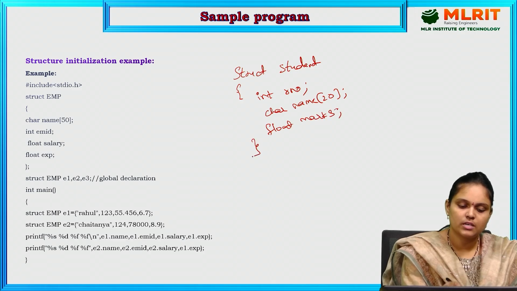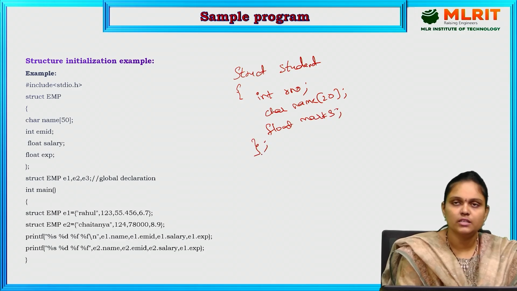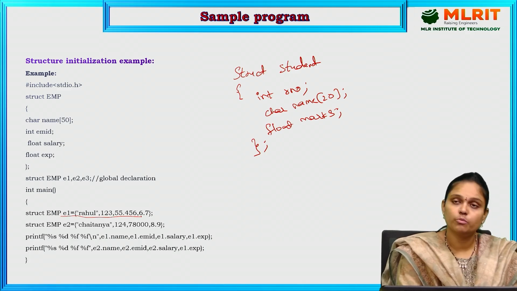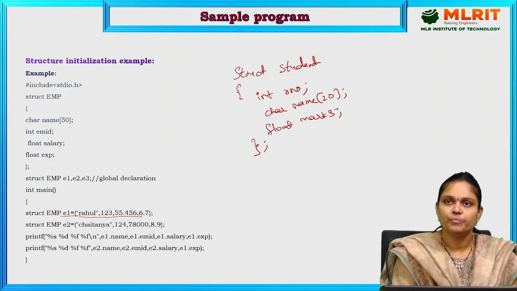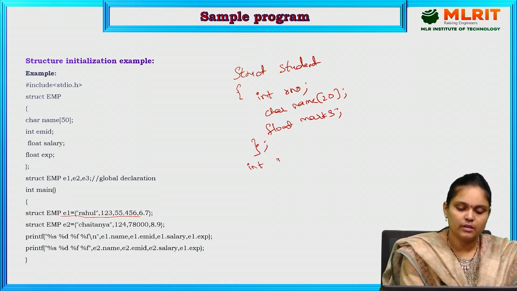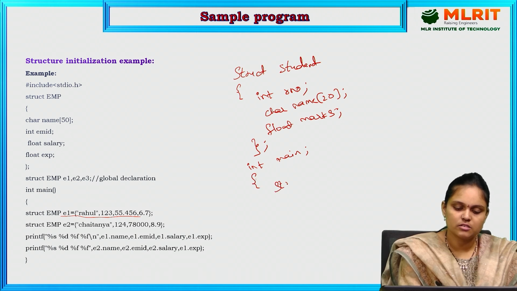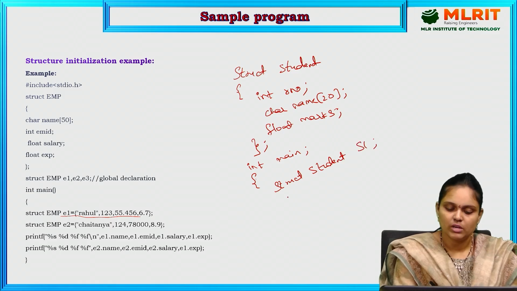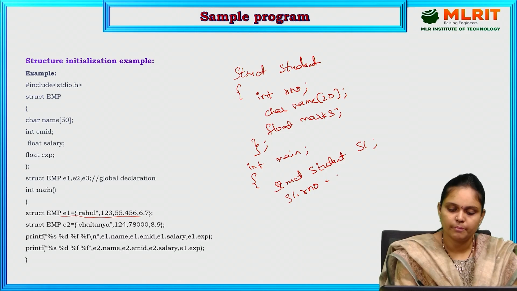Consider these are the data types that we have inside the structure. By using the dot operator we can also initialize the values of that structure. Inside the main function, int main, we declare struct student s1. Consider s1.rollnumber equals some 12.